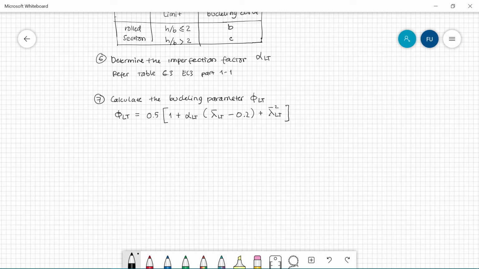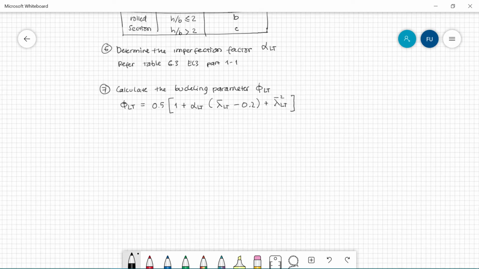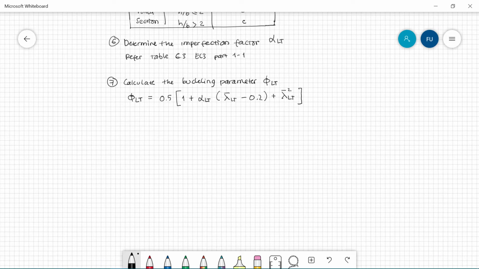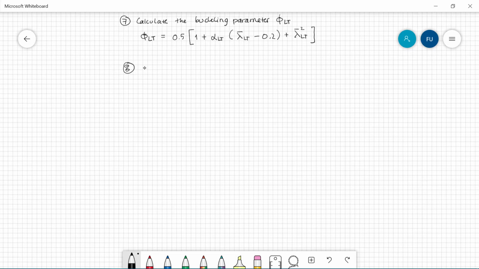And then number 8, we calculate the reduction factor, chi LT.